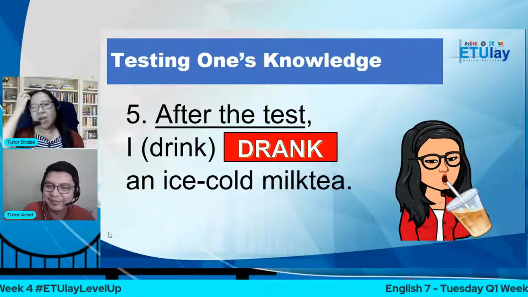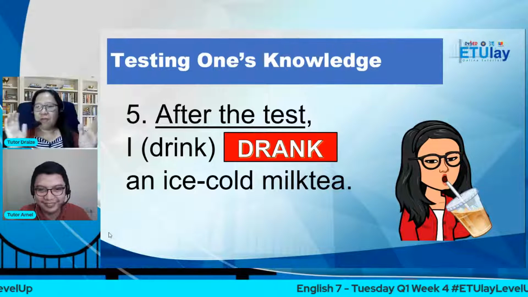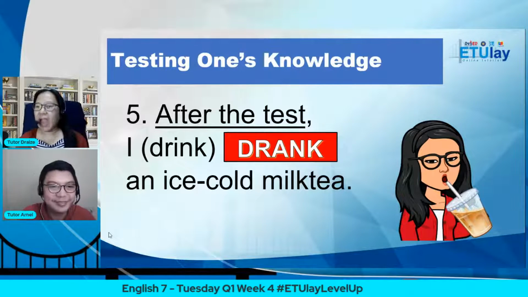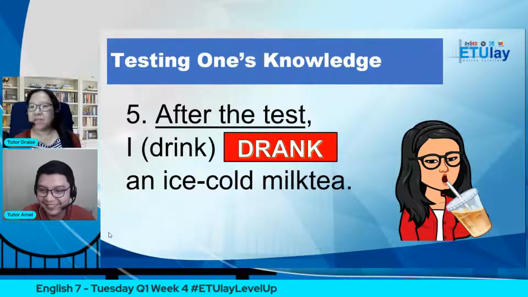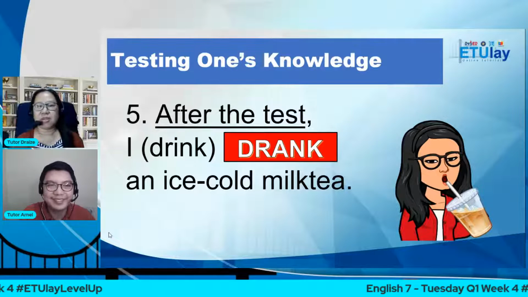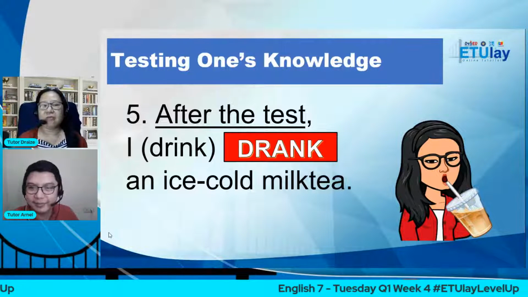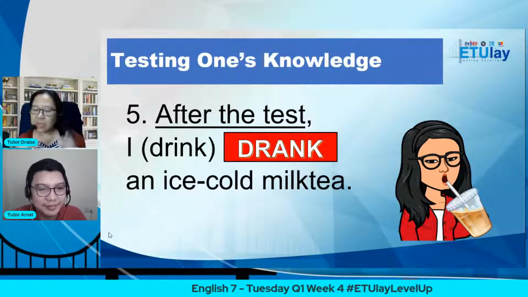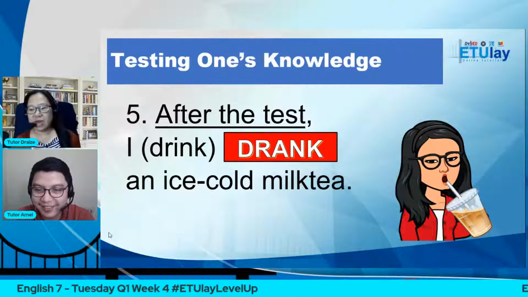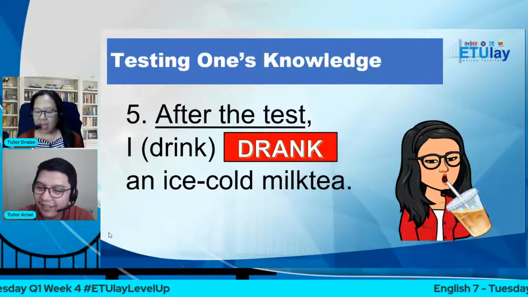They got it. Now, if you got a five for our first activity, please react with a happy face. Again, please react with a happy face if you got the words correctly for our first activity. Let us check if our comment section will be flooded with happy reacts.